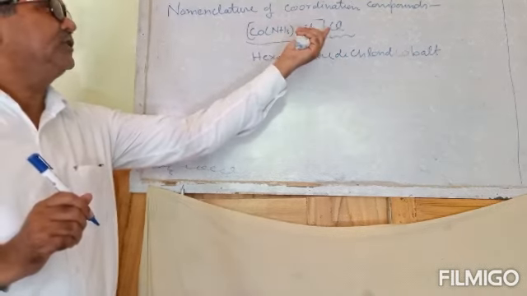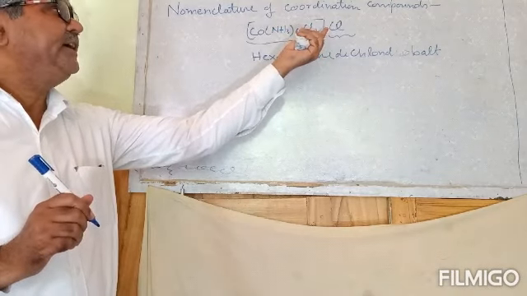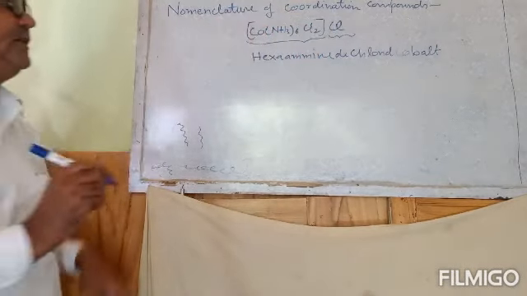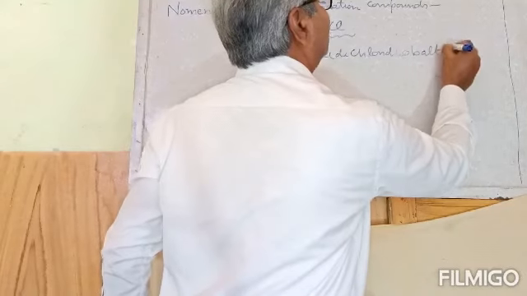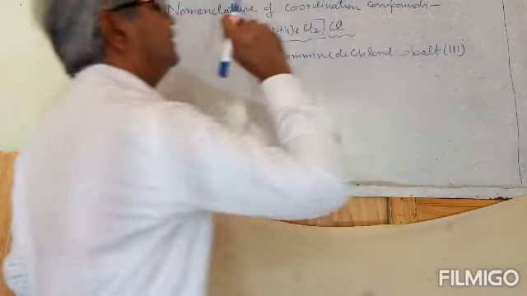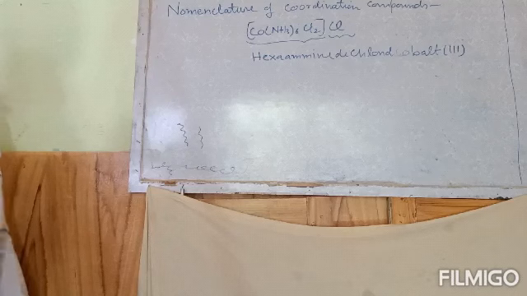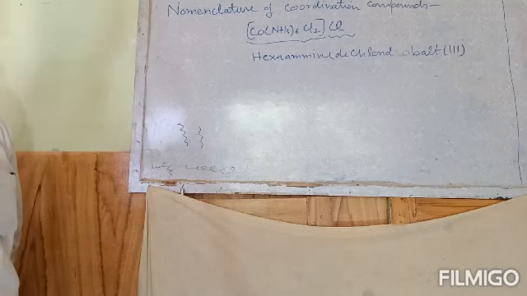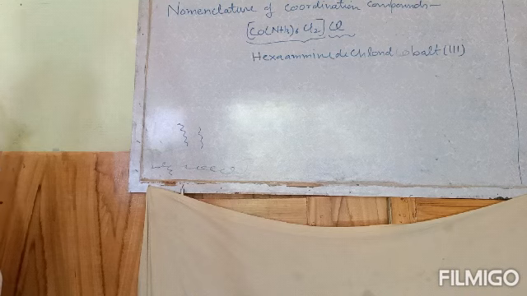So 3 units of negative charge, therefore its oxidation state is 3. So the name of this compound is hexaammine dichlorido cobalt(III).